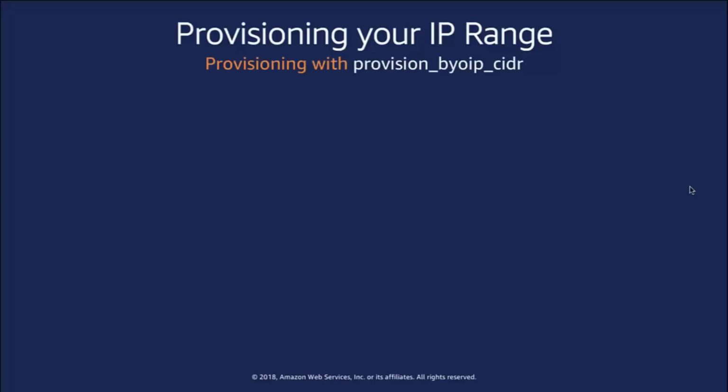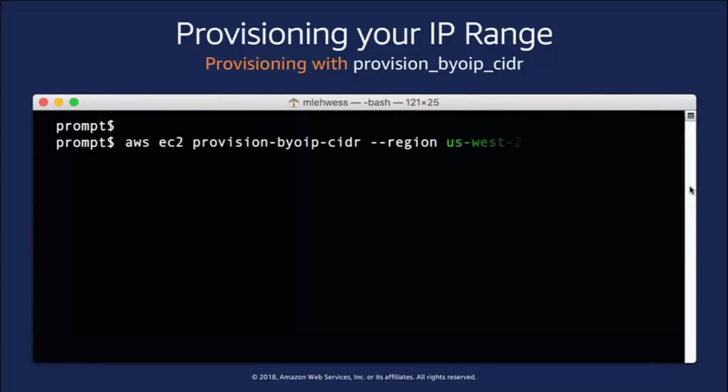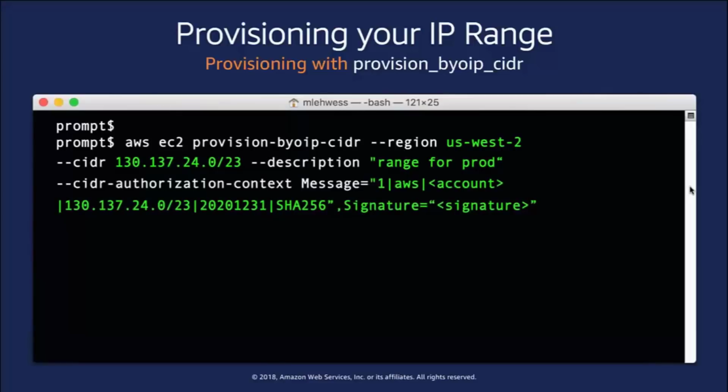Okay, so to provision a range, you would start with the CLI command provision-byoip-cidr. We'd run this by doing aws ec2 provision-byoip-cidr. We're specifying the region and the CIDR range. In this case, we're specifying a 130.137.x.x/23. We're giving it a description, and you'll notice we've got the authorization message here as well.